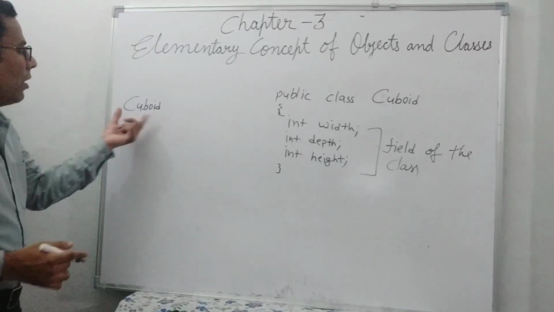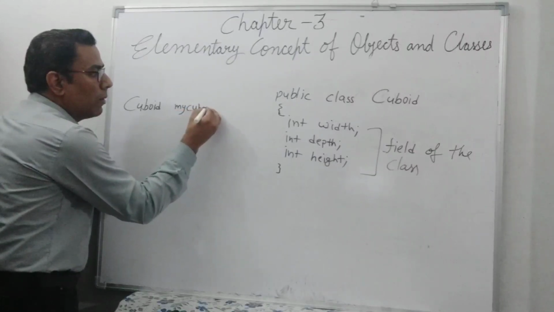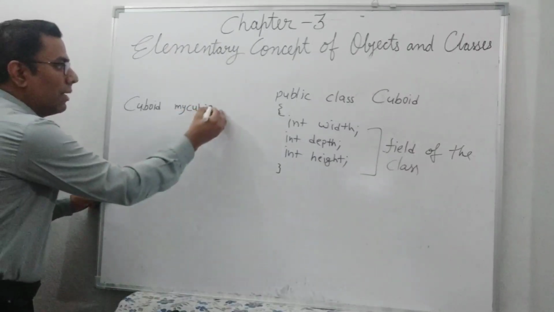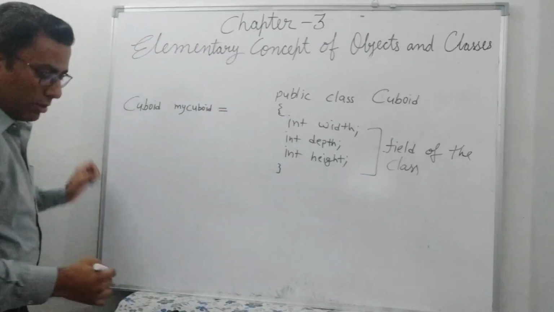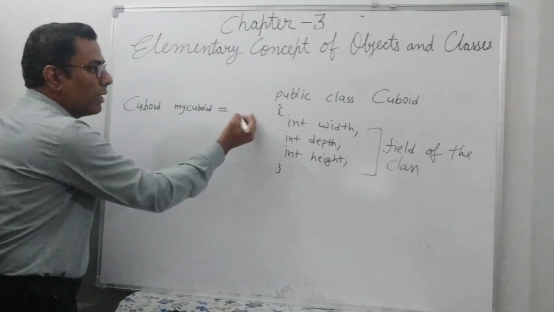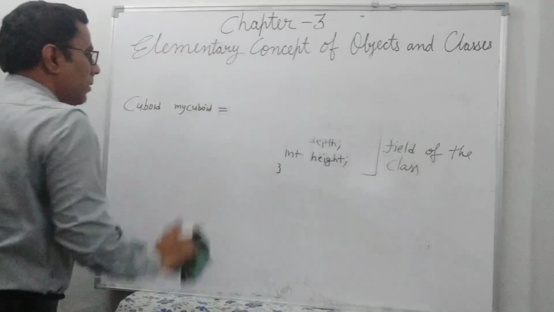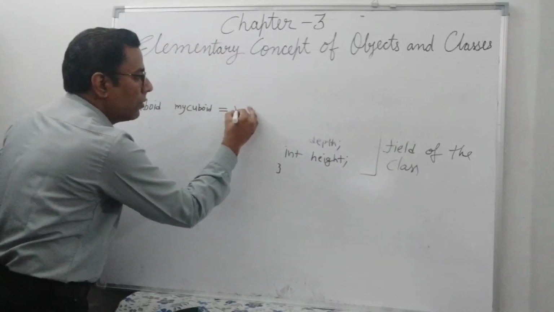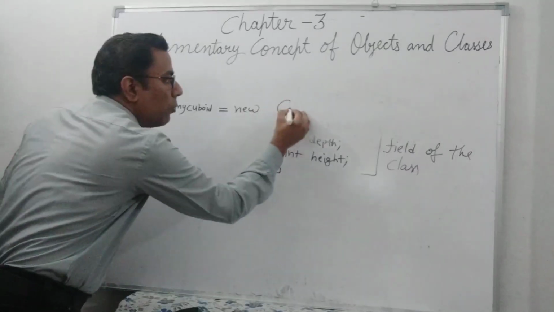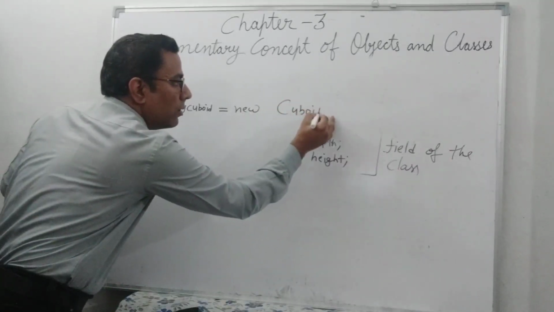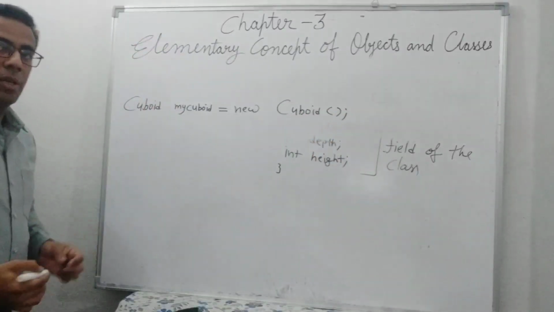Then the variable of Cuboid, I am writing here myCuboid, then equal to new, and then Cuboid, the name of the class, bracket open, close, and then semicolon.